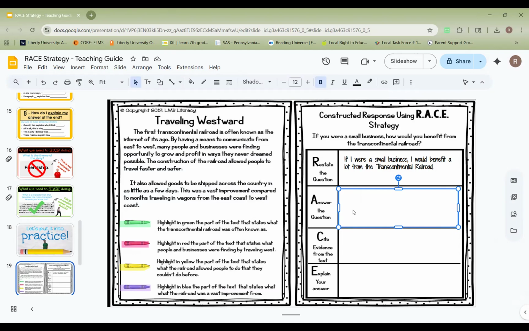So I would say I would be able to communicate and ship my goods across the country, allowing me to reach more people than ever before.